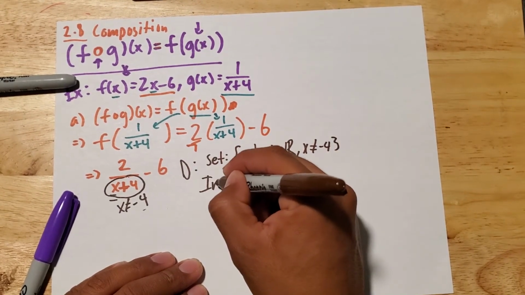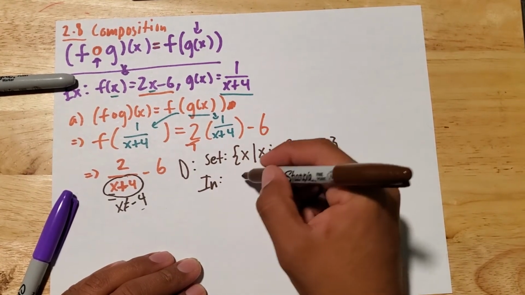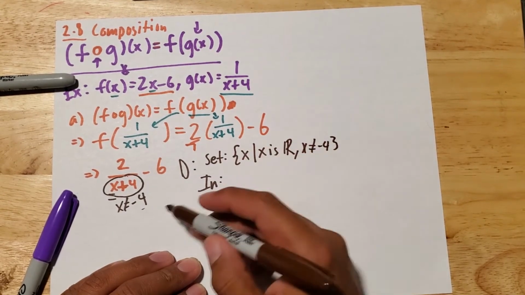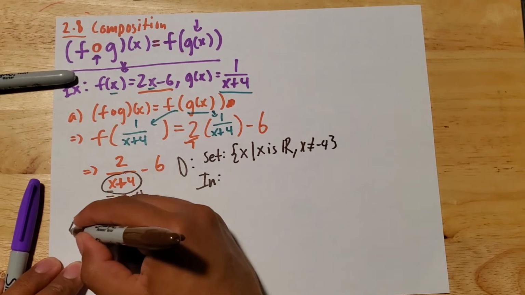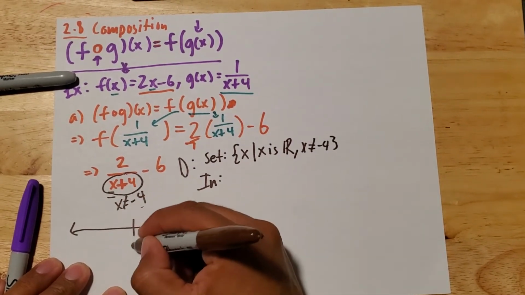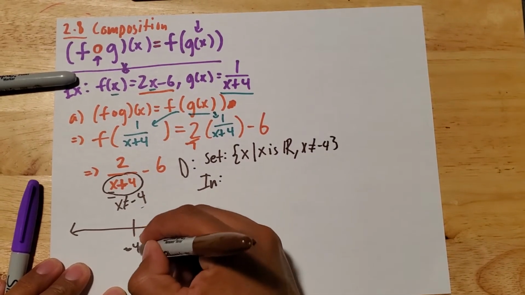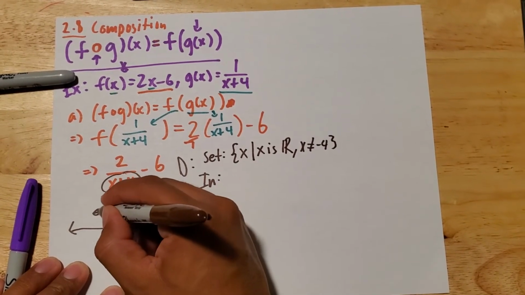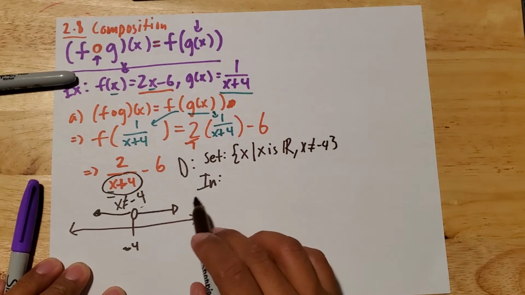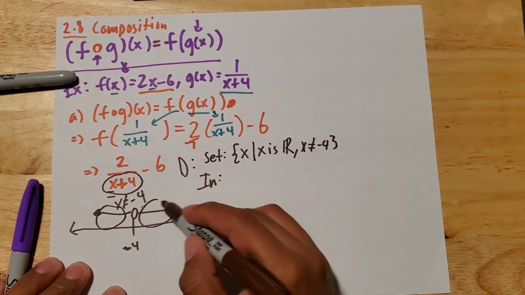For interval notation, if you think about a number line, we're excluding negative 4, but everything above it is okay and everything below it is okay. But with interval notation, we just made 2 intervals now.